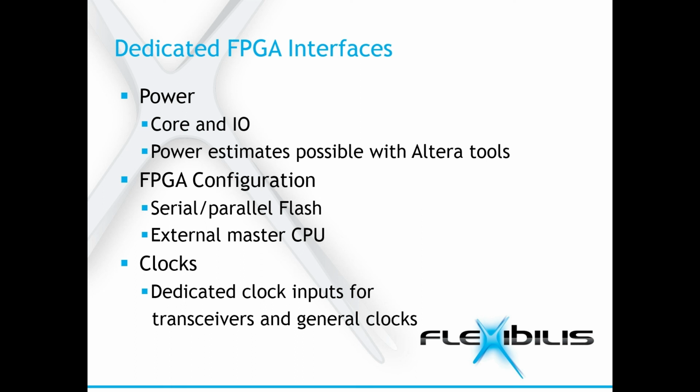Note that the FPGA built-in transceivers have their own dedicated clock input pins. So, if the FPGA built-in transceivers are used, a reference clock should be connected to the clock inputs. Transceivers are used, for example, with SGMII, 1000 base X or 100 base FX interfaces.